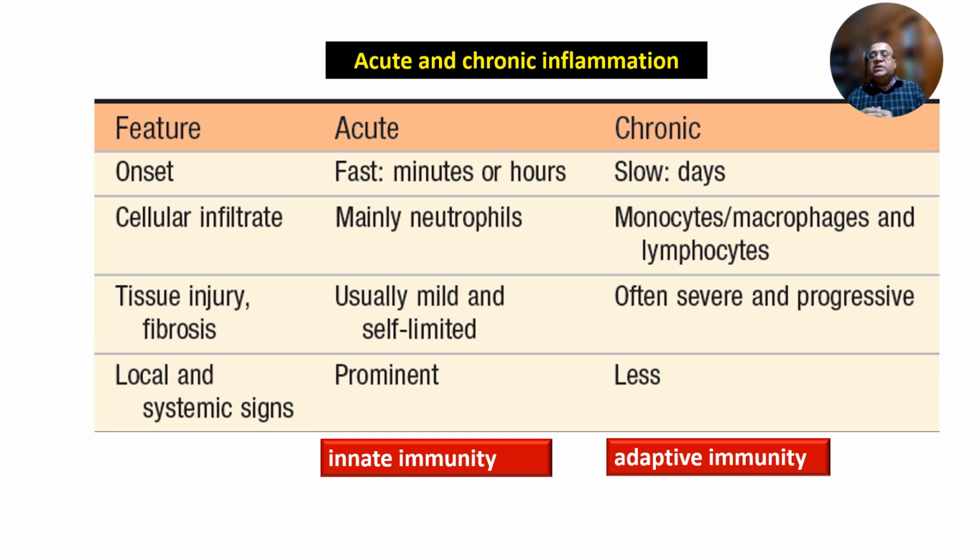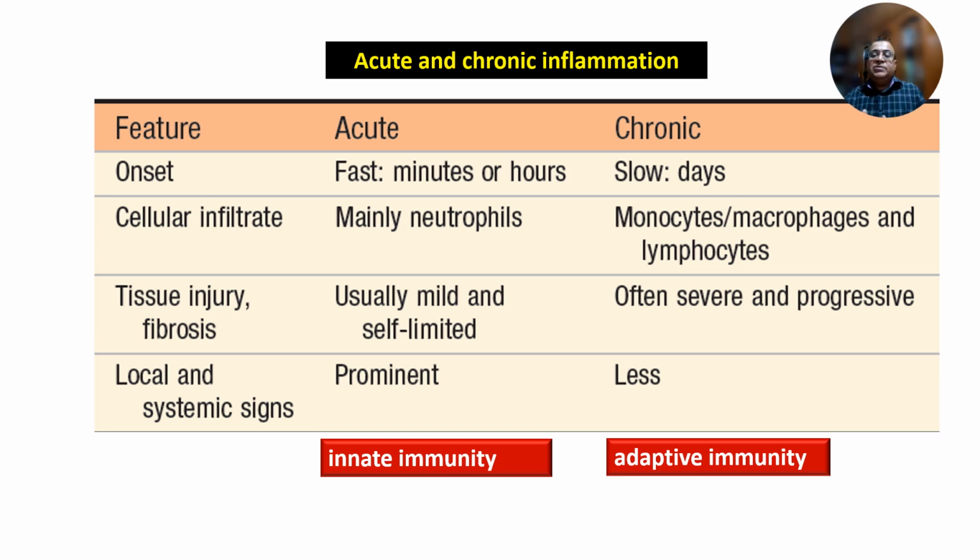The tissue injury and extent of fibrosis in acute inflammation is usually mild and self-limited, while in chronic inflammation it is severe and going on continuously. Progressive inflammation, progressive tissue injury, and fibrosis.